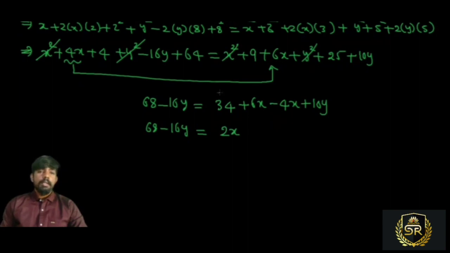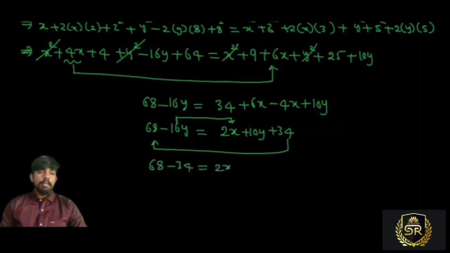You can do any other way. Okay, let us say here, 16y to the right hand side and 34 to the left hand side. 68 minus 34 is equal to 2x plus 10y, and minus 16y becomes plus 16y.